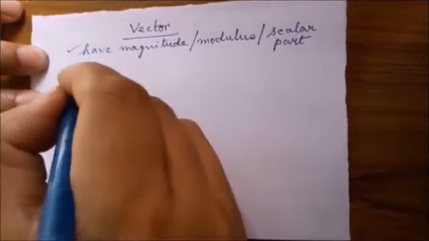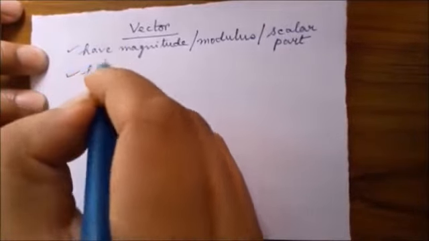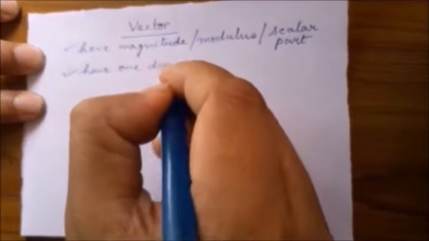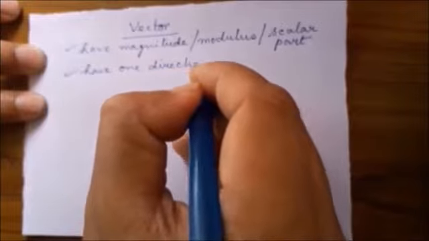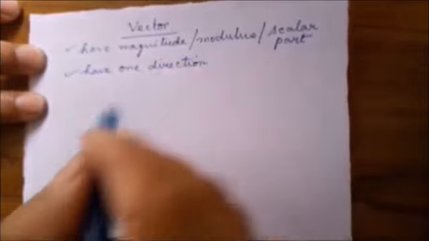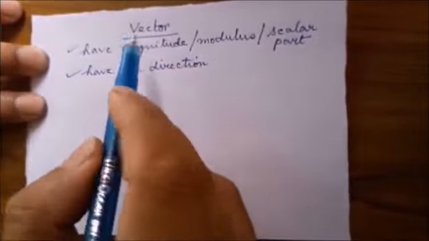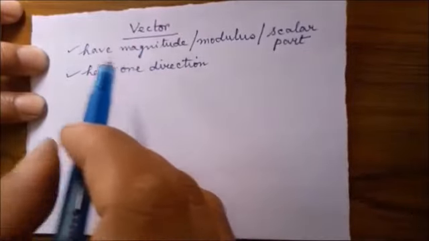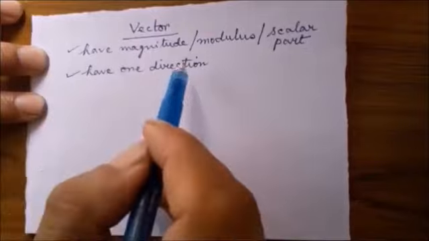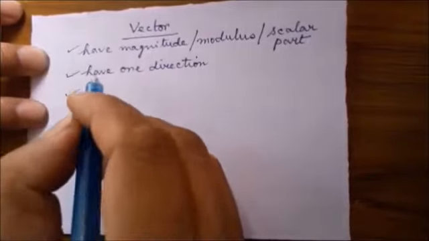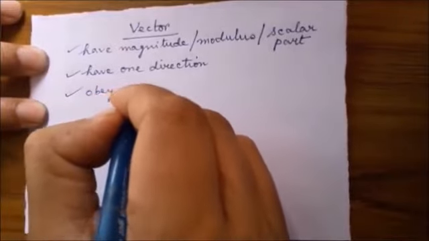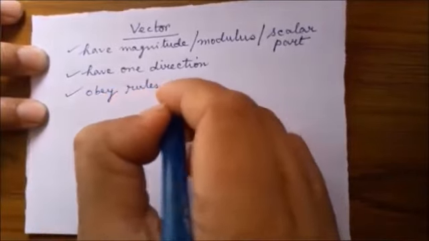And vectors have one direction. So vectors are physical quantities that possess magnitude and one direction, and further they obey rules of vector algebra.